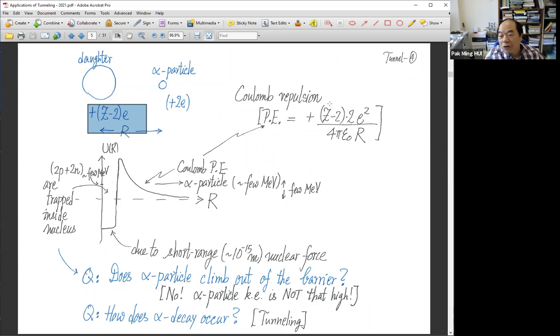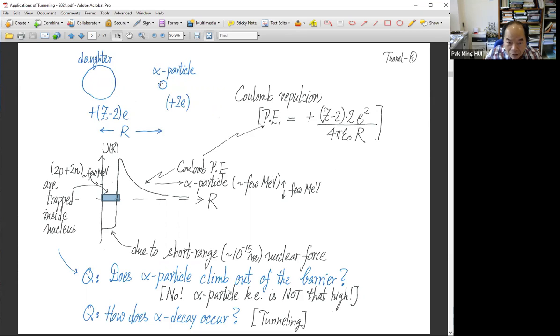So in terms of potential energy, we have this Coulomb repulsion energy. This is a plus, repulsive, 1 over R Coulombic. So this is potential energy. If I plot it out, that is to say, when the alpha particle is already outside the nucleus, which is of this size, so I draw it out to somewhere here.